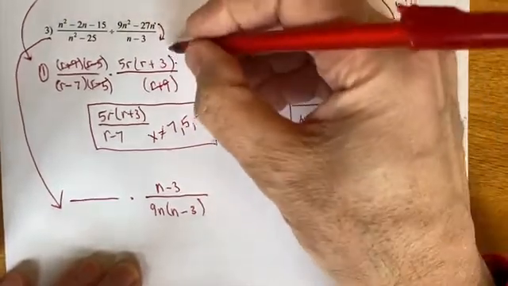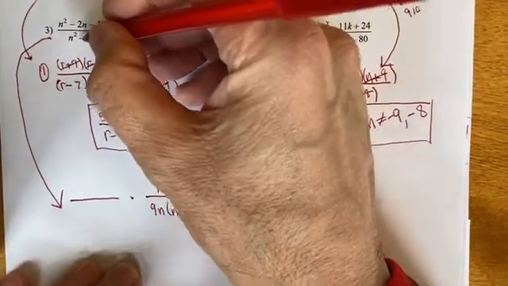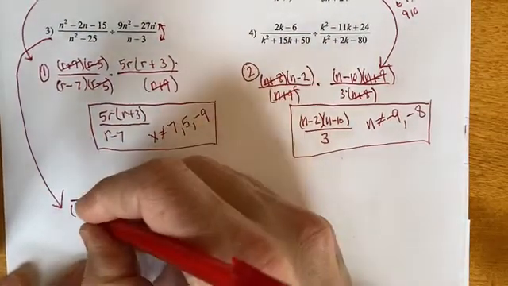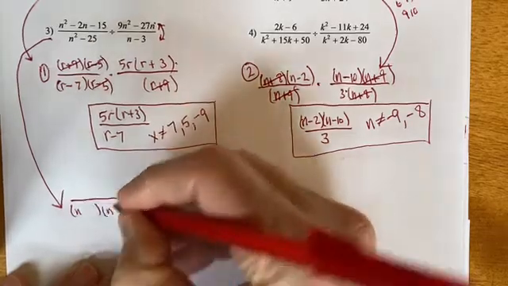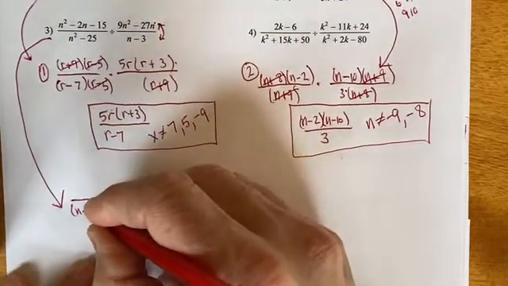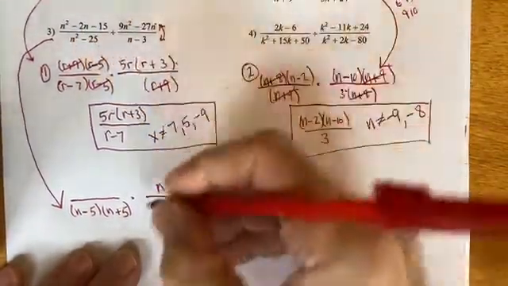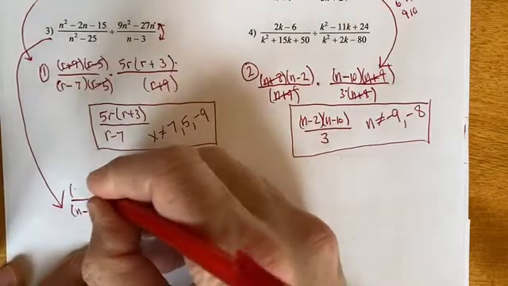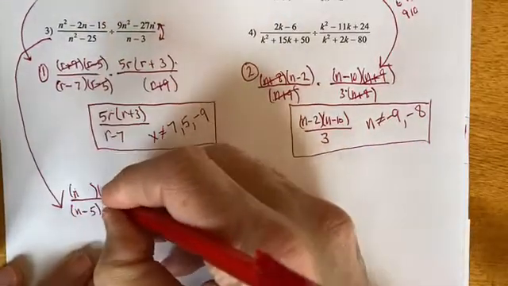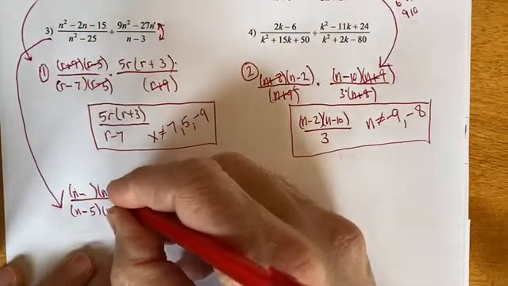We have it flipped. Okay, so this n squared minus 25, hopefully you see it as n times n, minus and plus, and 5 times 5. And n squared minus 2n minus 15. N squared minus plus.